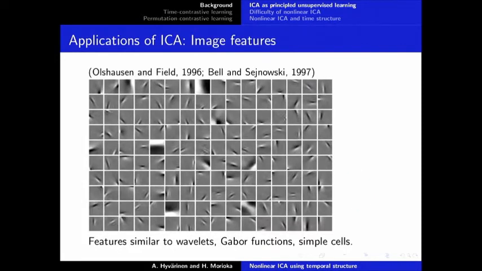Another well-known example is image feature extraction. So here, basically, we have input small image patches to an ICA algorithm. Each small square here is one feature. I will not describe them in any detail, but we see features which are similar to wavelets, Gabor functions, or simple cells.